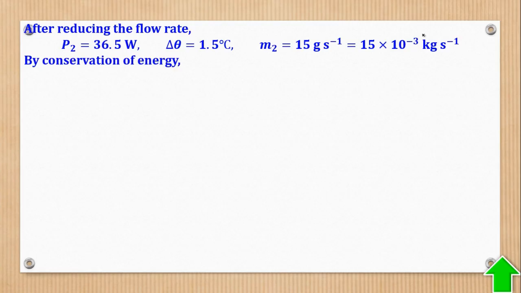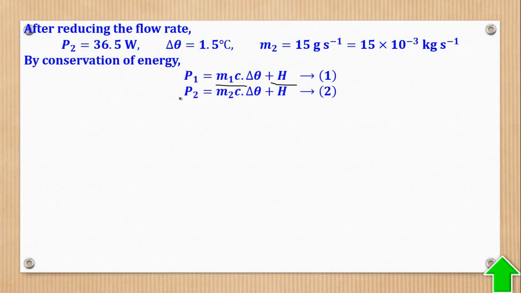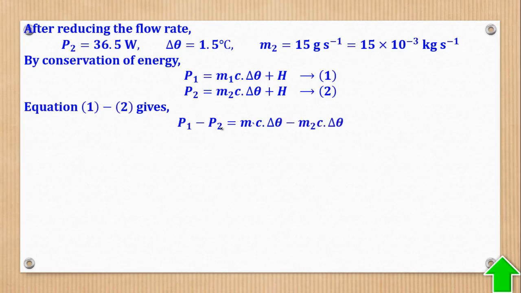Then we shall say by conservation of energy, P1. Previously we have been using I1V1, but I1V1 is the same as power. So when you have power, you just put P1 is equal to M1C change in temperature plus capital H. Similarly, P2 is equal to M2C change in temperature plus H. So next is to substitute or subtract, because I have to solve them simultaneously. So subtracting equation 1 minus equation 2 gives you this for the left hand side, this for the right hand side.